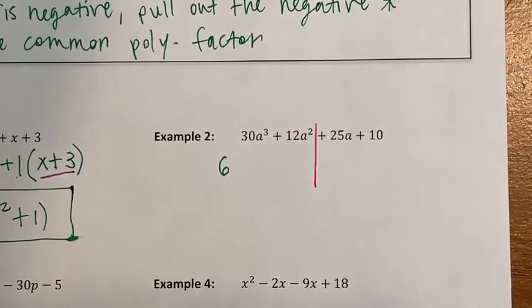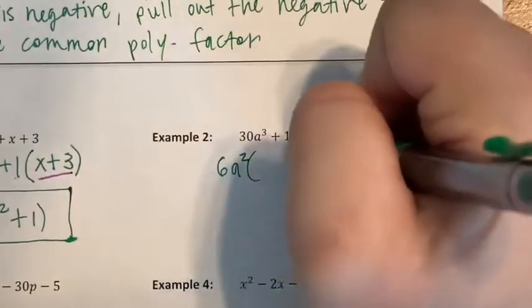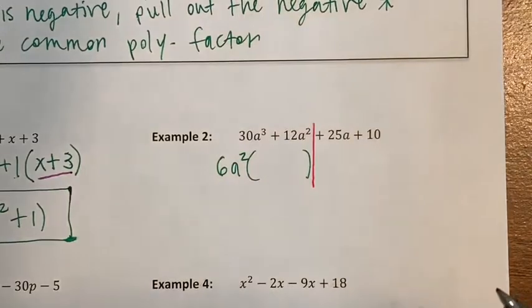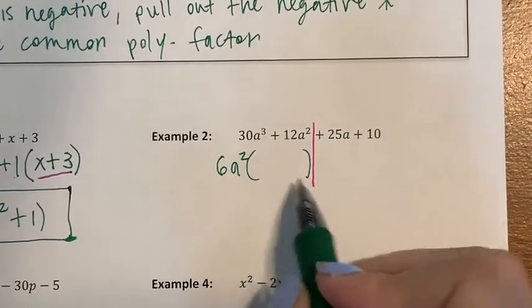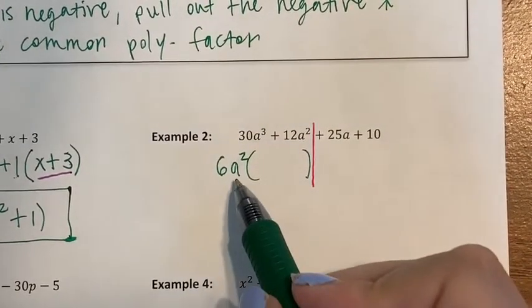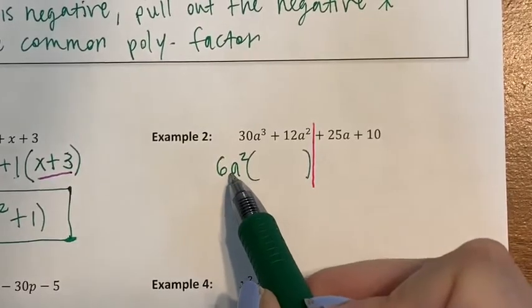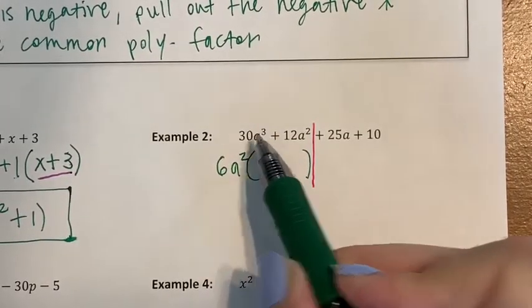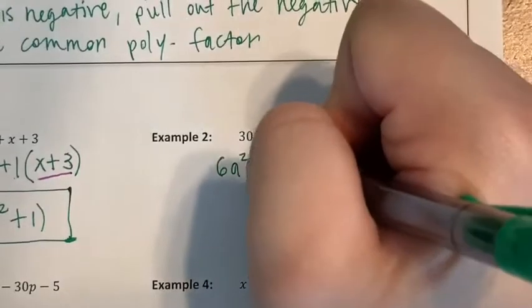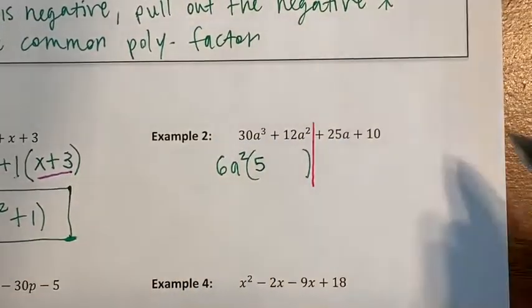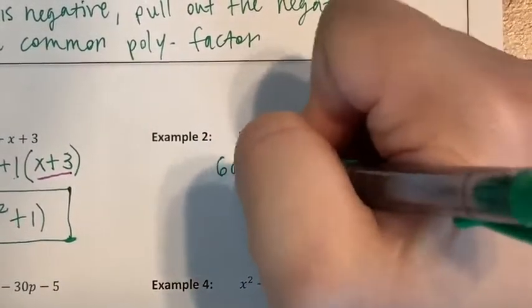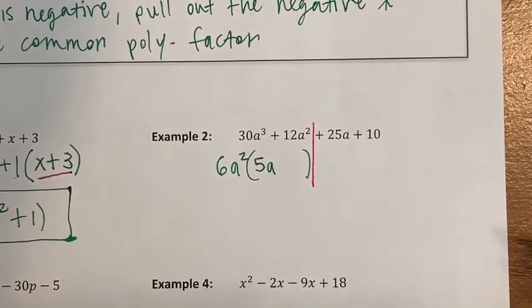And then you have to consider the variable. Both of these terms have an a squared that they could give. So my GCF there is 6a squared. And now I need to fill into my parentheses, so I have to work backwards. 6a squared times what gives me 30a cubed? Well, 6 times 5 gives me 30, and a squared times a will give me a cubed.